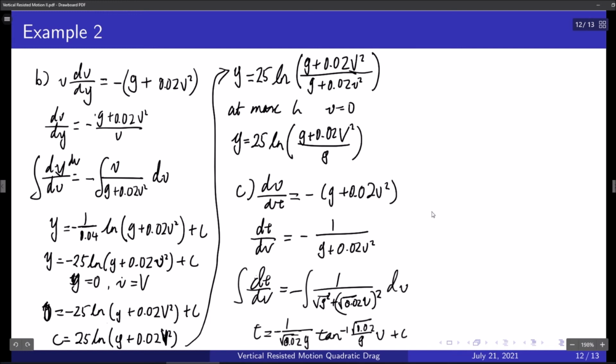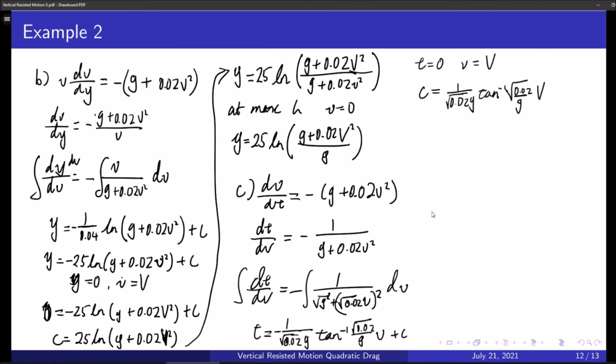Okay, so if that's the case, then when t equals 0, v equals V, exactly the same as before. We end up with c equals 1 over square root of 0.02 g tan inverse of square root of 0.02 over g V, the initial velocity.